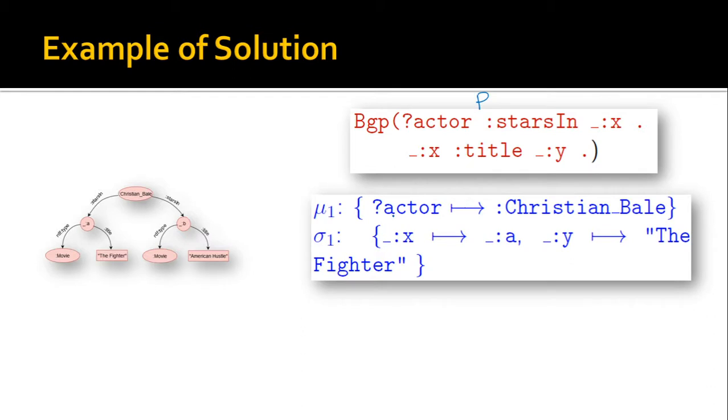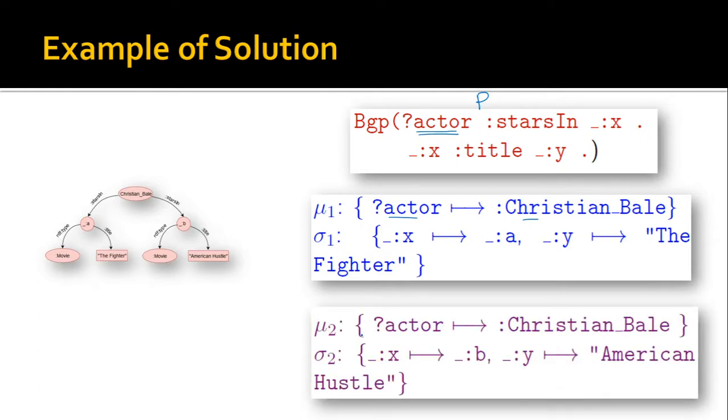So here we have a solution. We have one variable here, and we are instantiating that variable with the value Christian Bale, right? But you have two blank nodes and you can assign two values, right? You can assign A to X and the fighter to Y. So this is one solution, right?